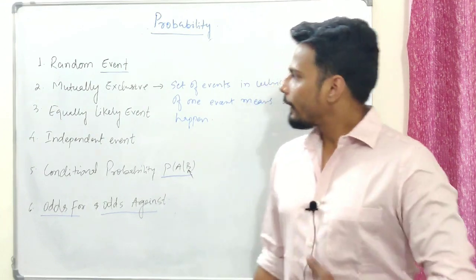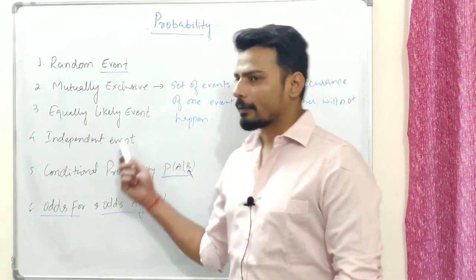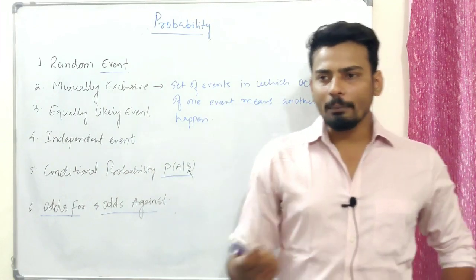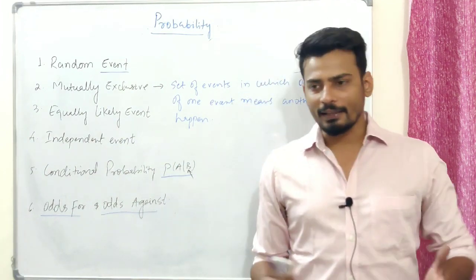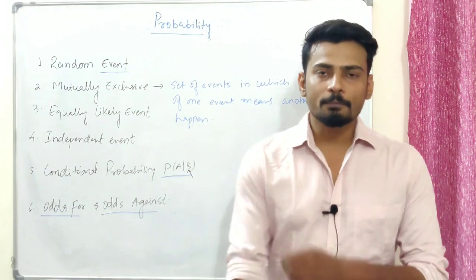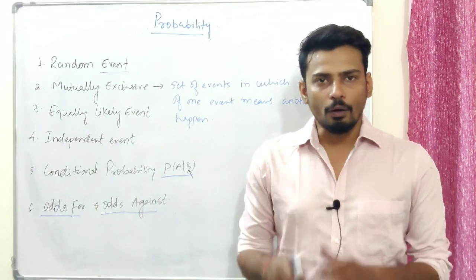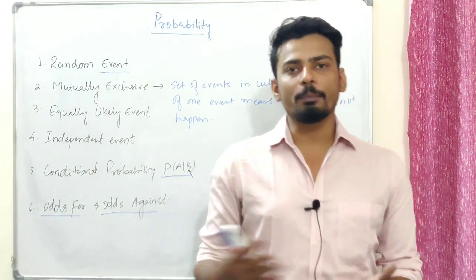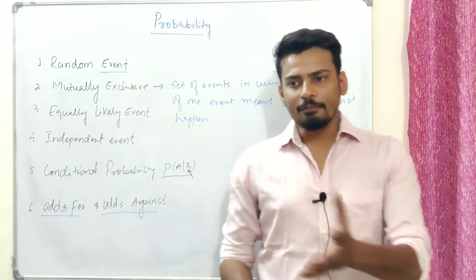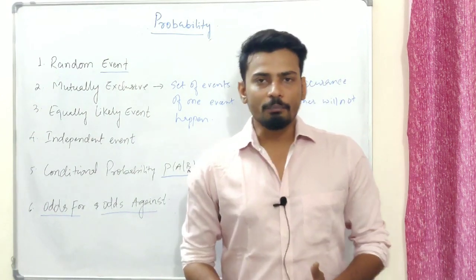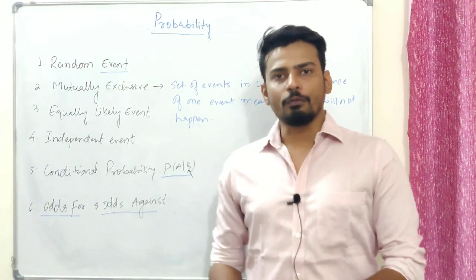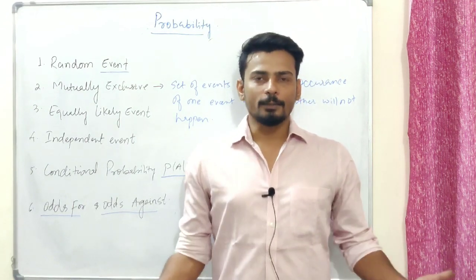All okay? Let's move on to the third point, equally likely event. So as we know, every experiment has well-known outcomes. So in an experiment, if all the outcomes have equal chances to appear, alright? Let's say if I throw a dice, chances of me getting 1, 2, 3, 4, 5 or 6 are equal, right?